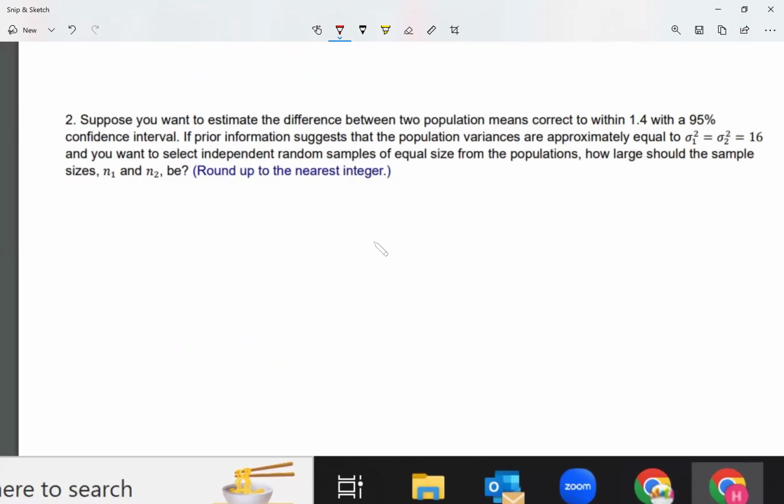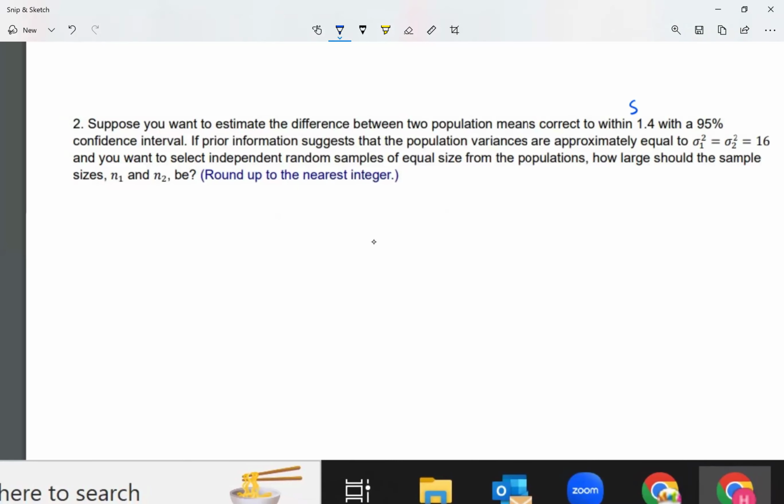Now, suppose you want to estimate the difference between two population means, correct to within 1.4. Okay, so that means 1.4 is my sampling error, with a 95% confidence interval. I remember my Z-score in this case was 1.96.